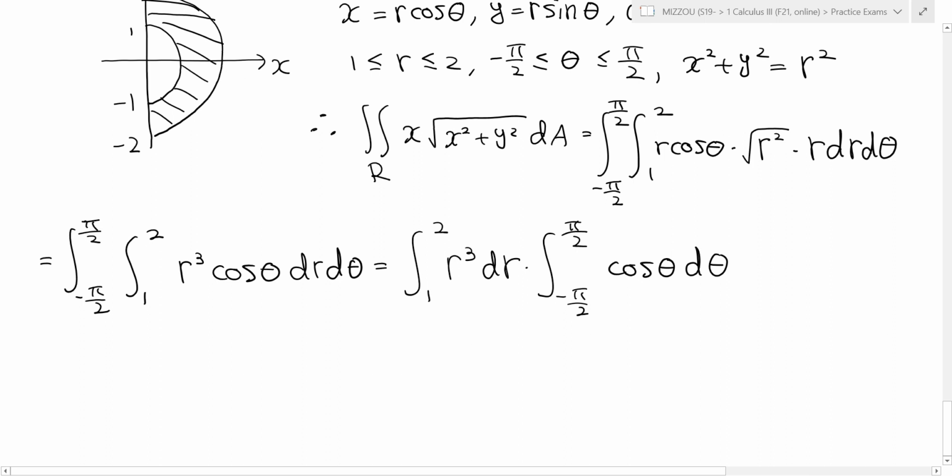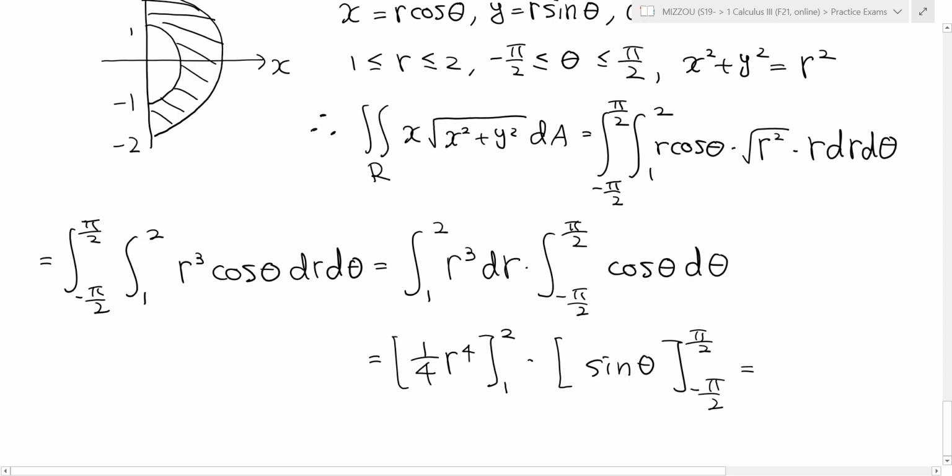In any case, this is written as 1/4 r to the power 4, with r evaluated from 1 to 2, times, if you integrate cosine, you get sine theta, evaluated from negative pi over 2 to pi over 2. And if you work this out, you are supposed to get 15 over 2. So that's the answer.